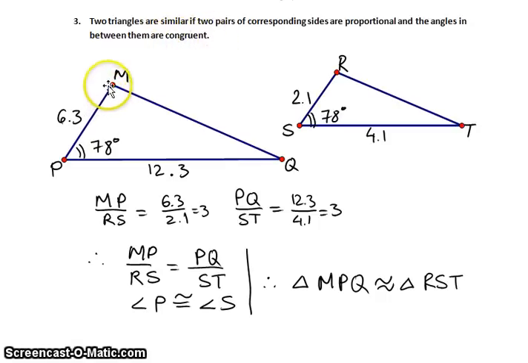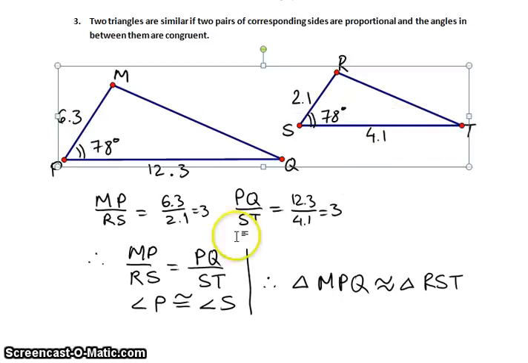Here are the two pairs of proportional sides, PM corresponding to RS and having a ratio of 3, PQ corresponding to ST and having a ratio of 3 again, and the angles in between those sides are both 78 degrees. So because I have two pairs of sides proportional and the pair of angles in between them congruent, the conclusion is that the two triangles are similar.